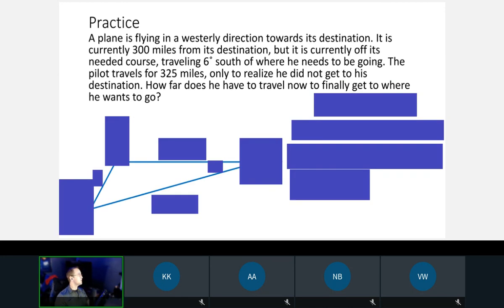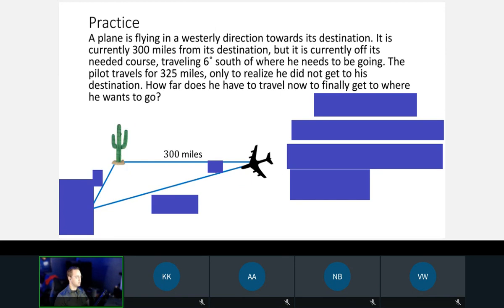Chloe, I think, read my mind exactly, right? So you're going west. You're 300 miles away from your current destination. We'll say Arizona. I don't know, some cactus, right? We're 6 degrees south off course.